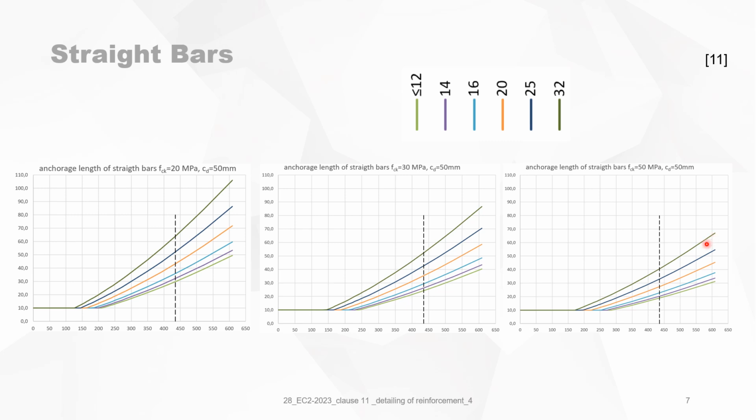For instance, for a bar diameter 32 at 435 megapascal, you need 40 times the diameter compared with more than 50 times the diameter for concrete quality of 30 megapascal. The graphs are made on the same scale, so you can compare them visually, so that you can see there is a huge impact of concrete quality on the needed anchorage length.